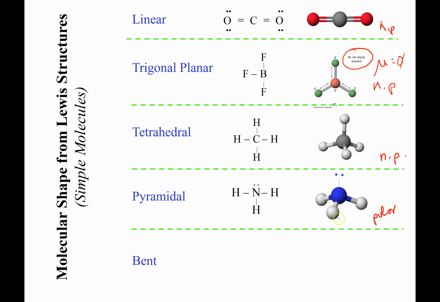And I think the hydrogens will be partially positive and the nitrogen is partially negative. And then for water I'm going with bent. Polar or nonpolar? Polar. Very good. So the region of positiveness is here and the region of negativeness is up there. It's kind of like that.